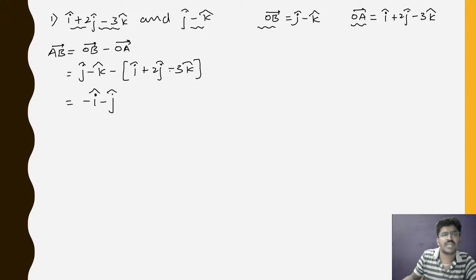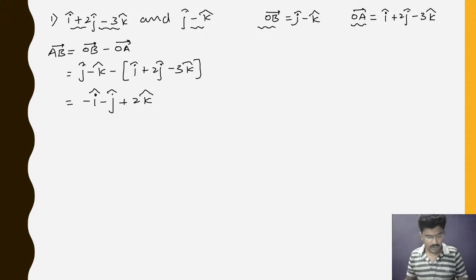Minus k cap, minus into minus will be plus, so minus k cap plus 3k cap is plus 2k cap. Clear? So this is your required vector AB.